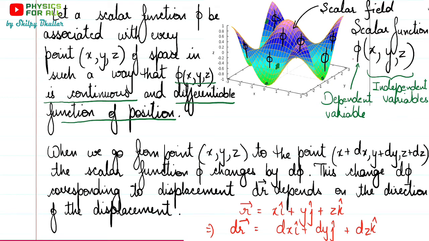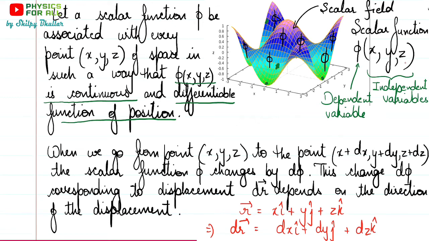If one variable is there, then we go for a simple derivative of any function. But if more than one variable is there, then whatever your function is, you have to go for partial differentiation, because you cannot say that phi is completely dependent on x or y or z. No, phi depends on all three.